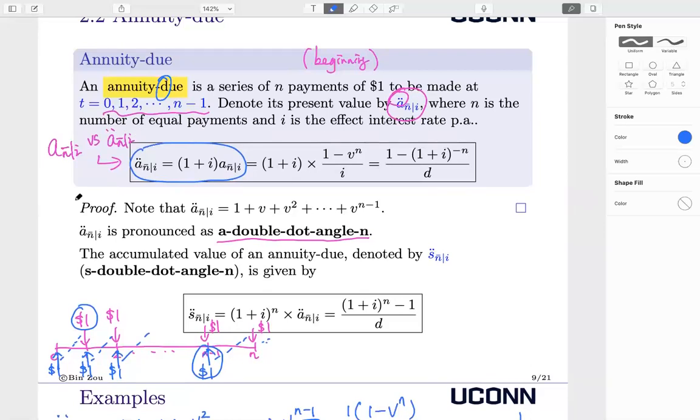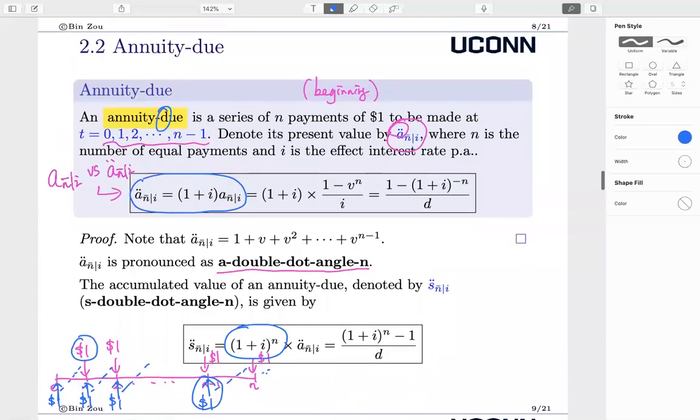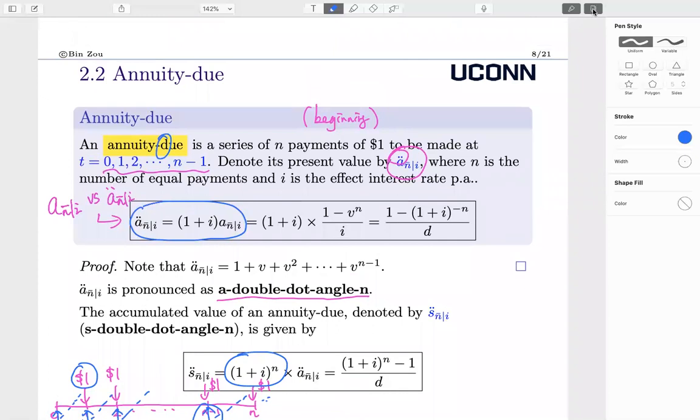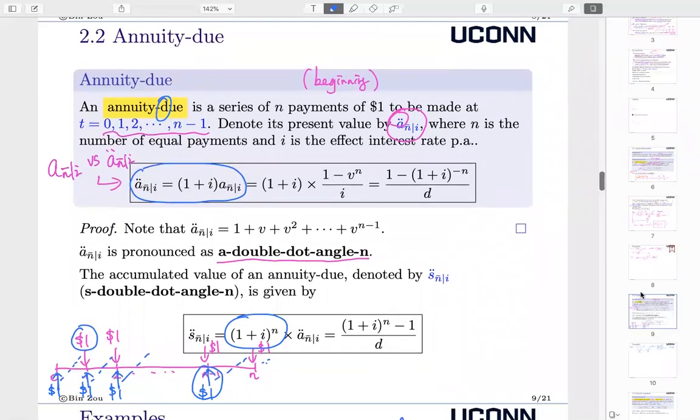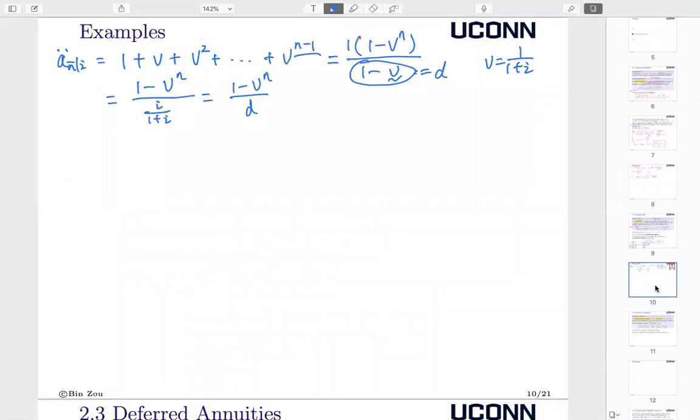So again, if you want to know the future value, or the accumulated value, that is s double dot angle n, all you need to do is to times by the same factor, the n year AVF. Okay, here let me mention one important remark. Sometimes people get confused.